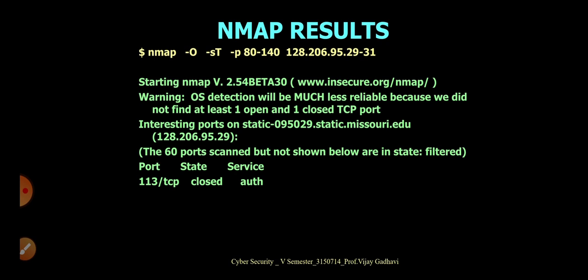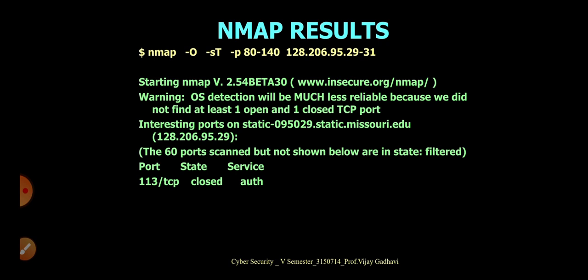When we execute nmap with the port number 80, 21, 40, we can give an IP address 128.206.95.29/31.